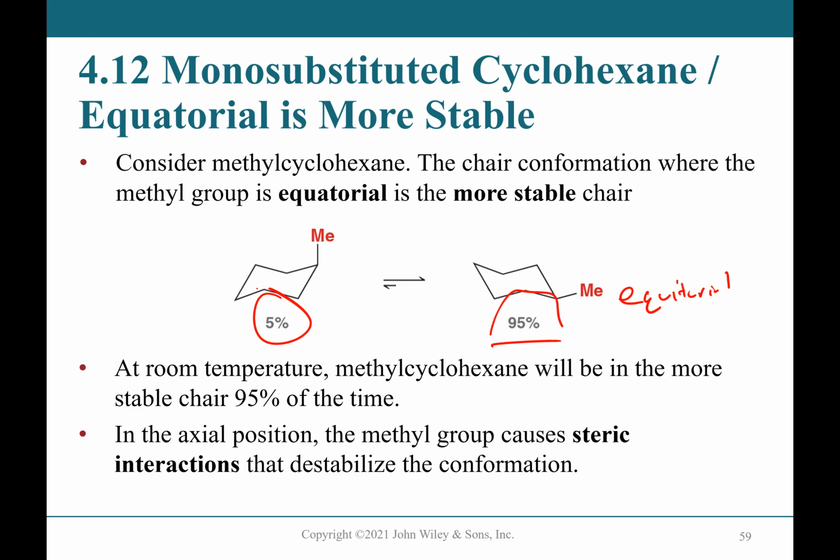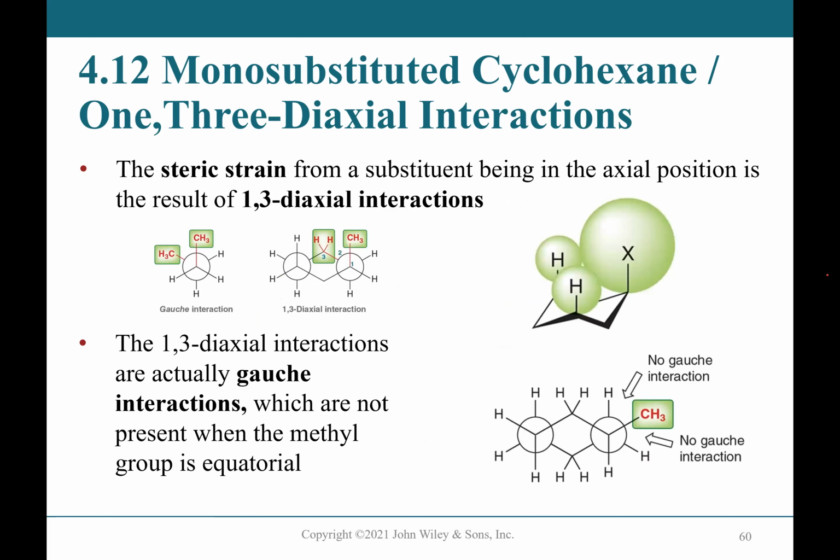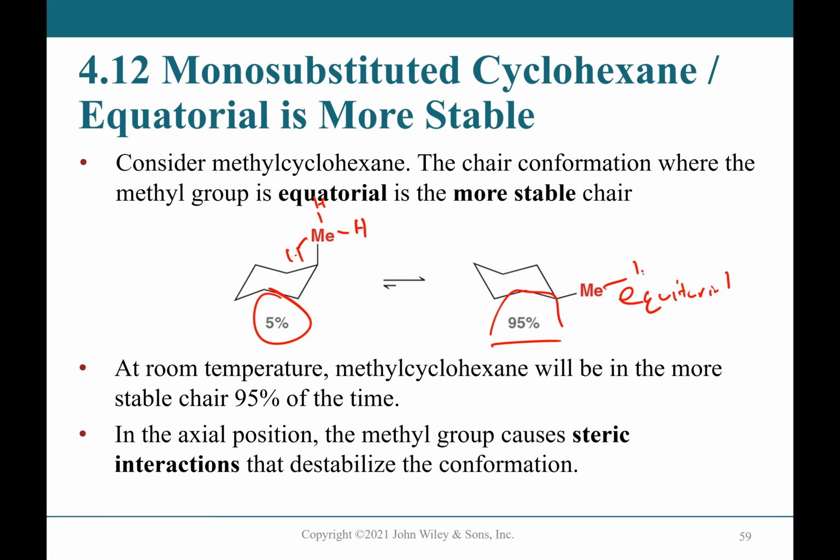So in the axial position, the methyl group causes steric interactions. And you can see that if we drew the hydrogens coming off this carbon, there's going to be more sterics involved than if they're just floating out in space amongst each other.